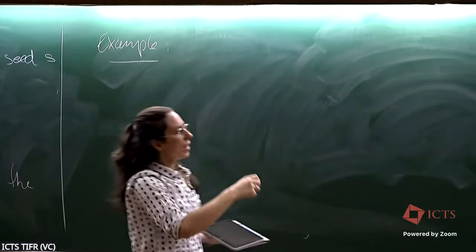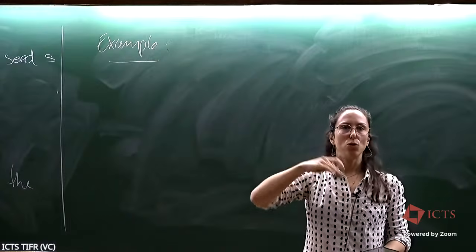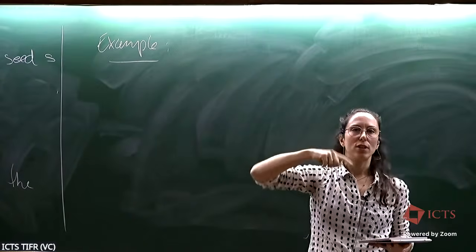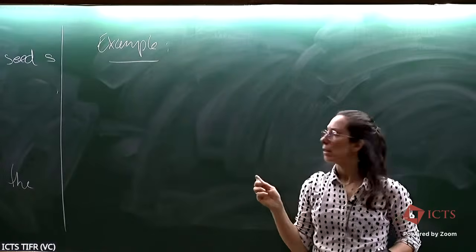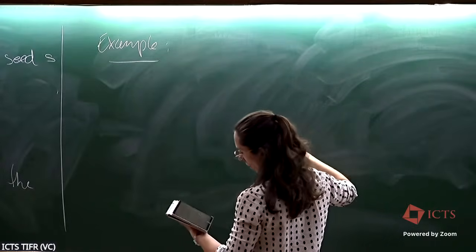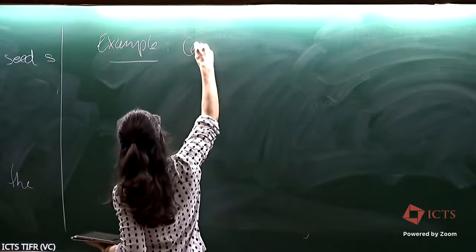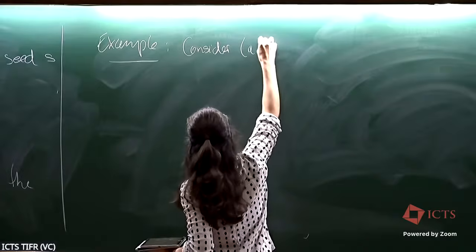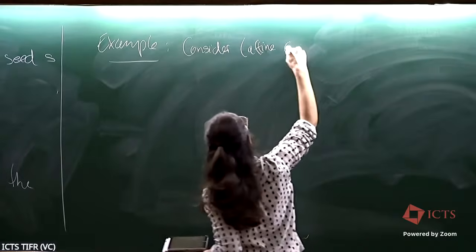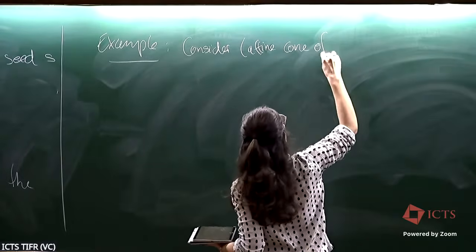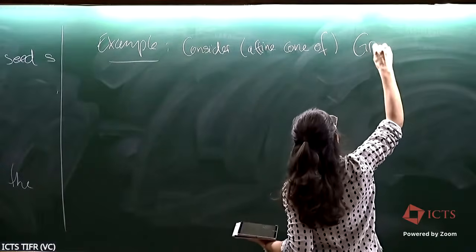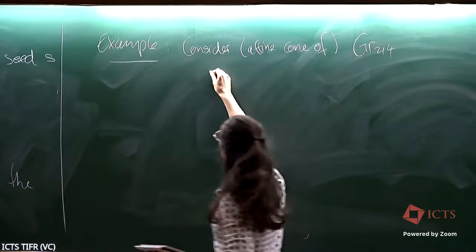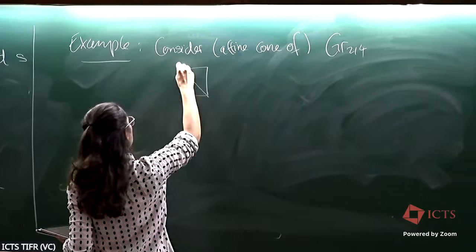And we're going to take the cluster structure of the Grassmannian 2-4. So this was from the triangulations, just a quadrilateral and its two triangulations. So consider, and we're going to do the affine cone of the Grassmannian. So its cluster structure was given by these two triangulations.